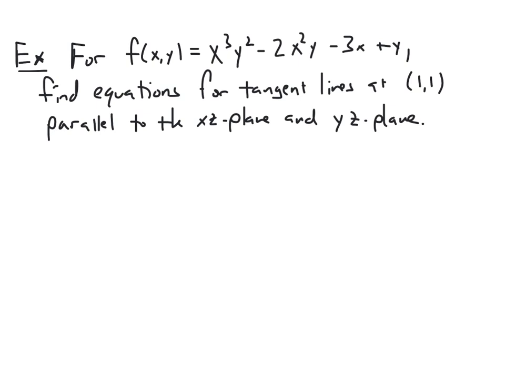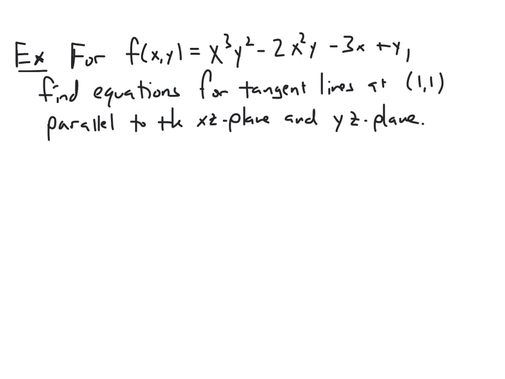Okay. And so what we need to do first is evaluate each of these derivative functions at the point 1, 1. So f sub x of 1, 1 is going to be 3 minus 4 minus 3, so we'll get negative 4 there. And f sub y of 1, 1 is going to be 2 minus 2 plus 1, which is equal to 1.